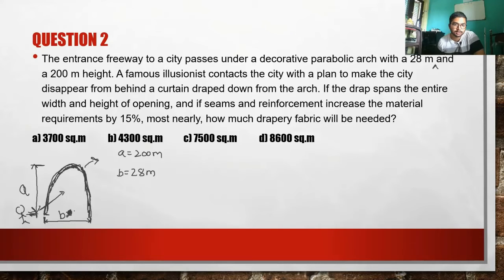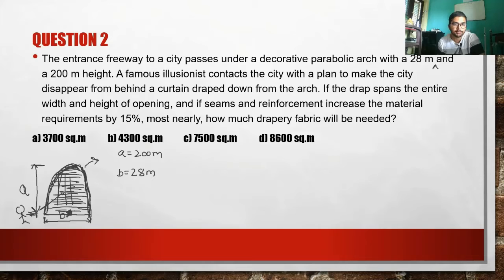Now he says if the drape spans the entire width and height of the opening, that means this is a curtain, say for example this is a curtain I am drawing with the lines, it is covering the entire span of this arch, it may be some special curtain or cloth or whatever it is.